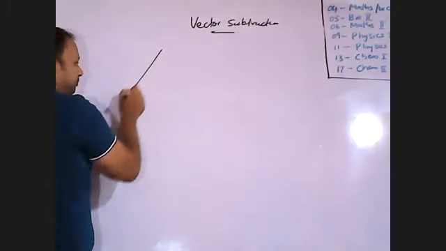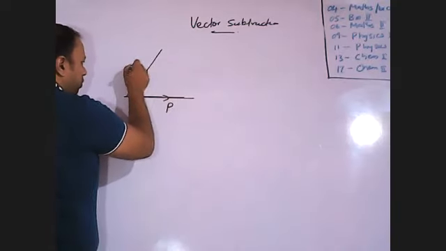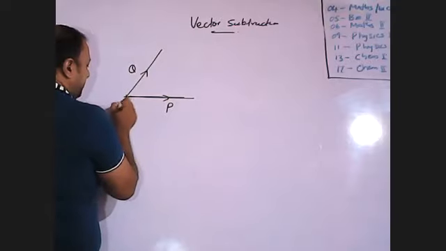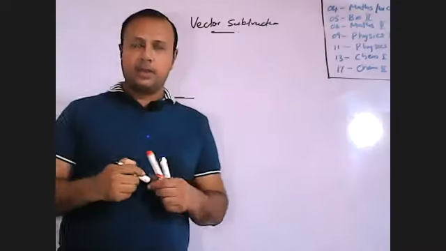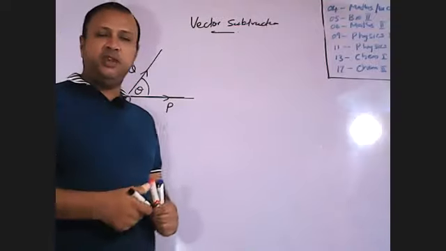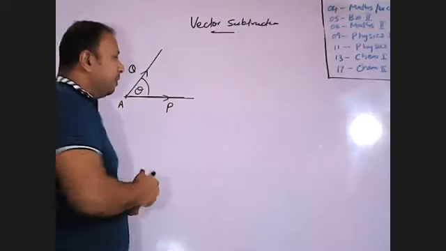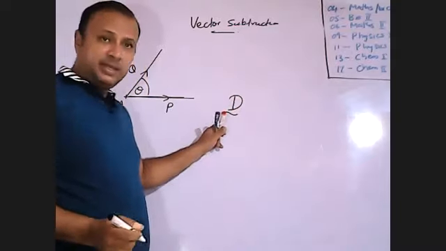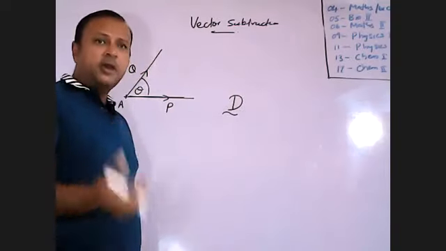Suppose we are given two vectors P and Q acting at point A, and the angle between them is theta. If we want to find the subtraction or difference between these two vectors, normally we represent it using capital D. Capital D is the symbol for difference. R is the symbol for resultant.